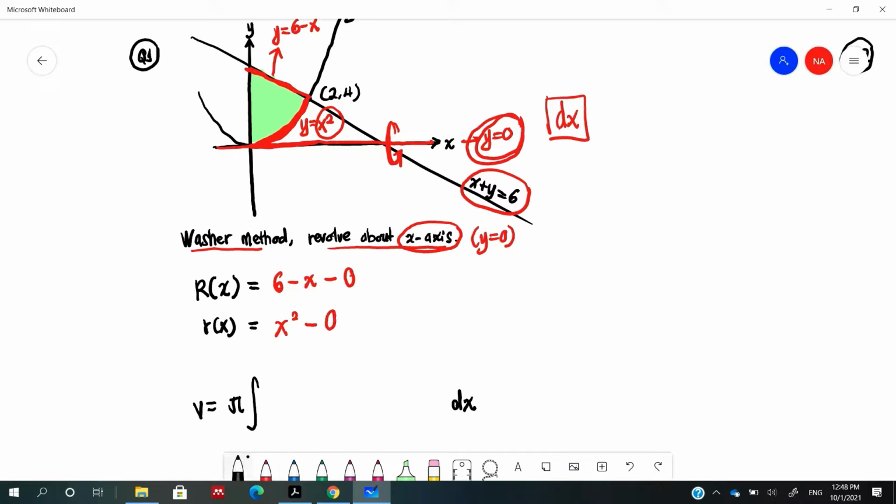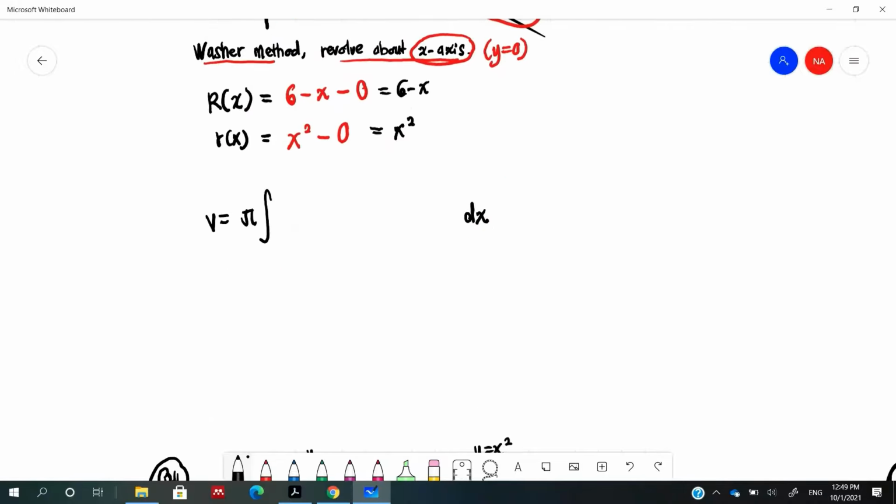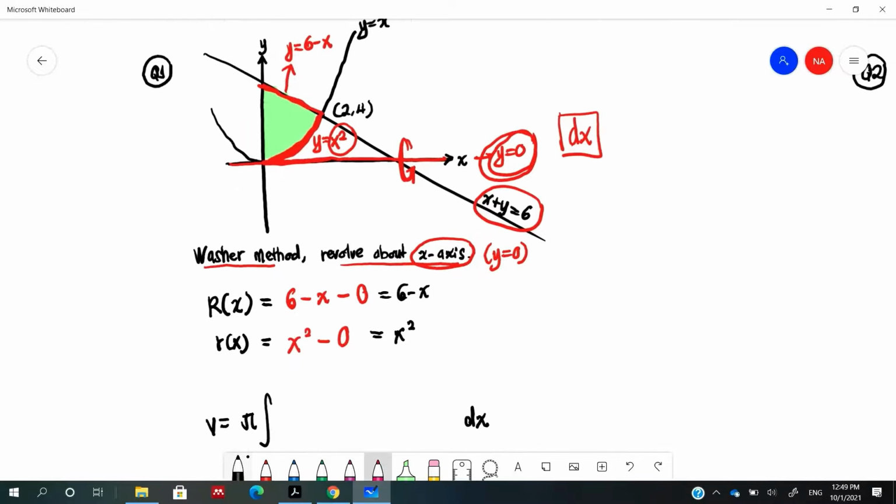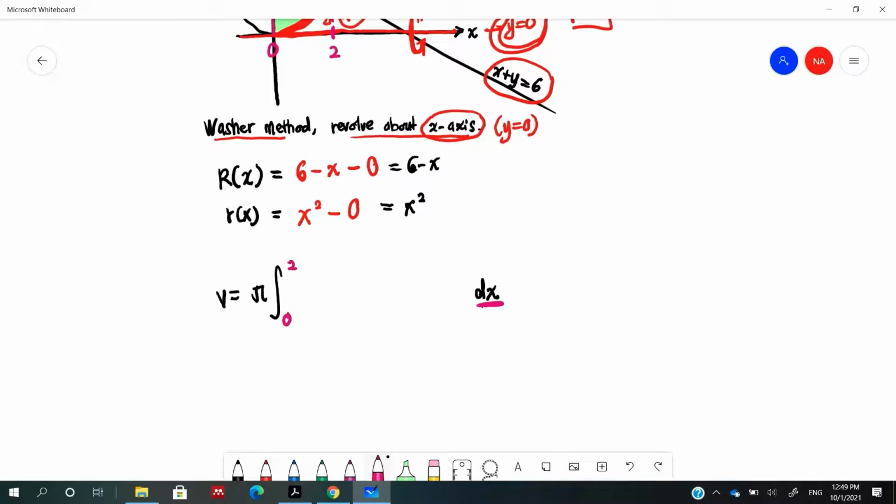We simplify this one to be 6 minus x, this one to be x squared. Next, we want to integrate. If we see this region, it is from 0 until 2 on the x-axis, because dx. So from 0 until 2, given by these coordinates.